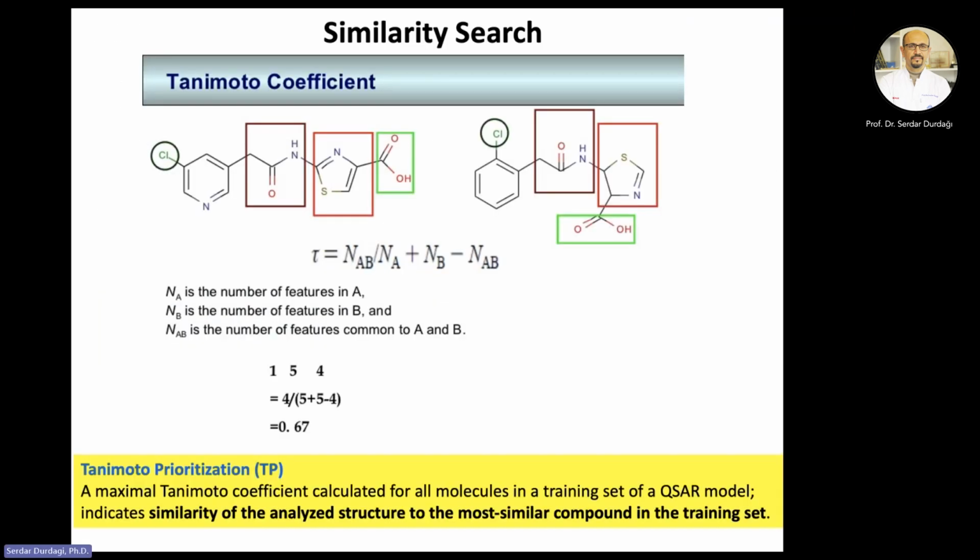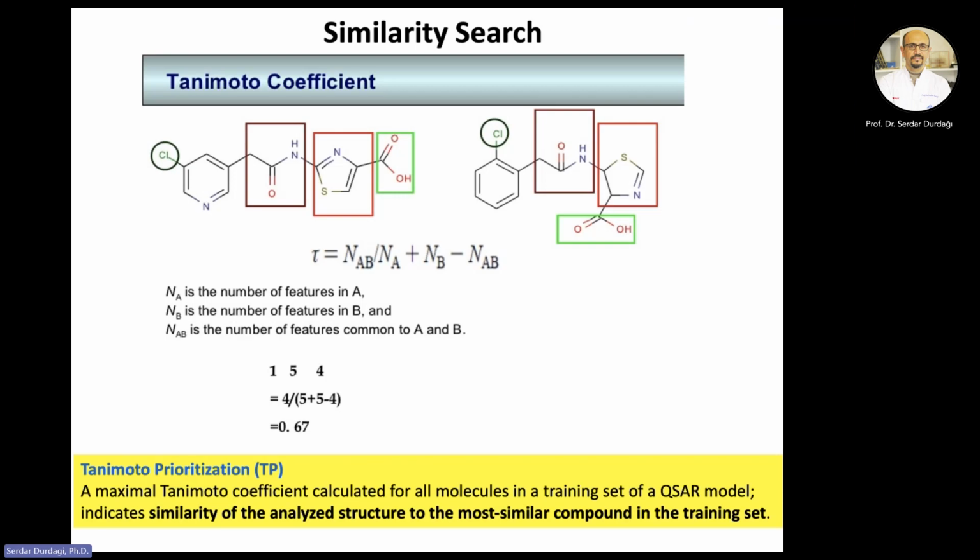We can also do it this way. Let's say we have this molecule and this molecule, and we ask how similar they are. This is the Tanimoto coefficient, as I said. Here we can count the number of features: 1, 2, 3, 4, 5, and here 1, 2, 3, 4, 5. So both have 5 features.